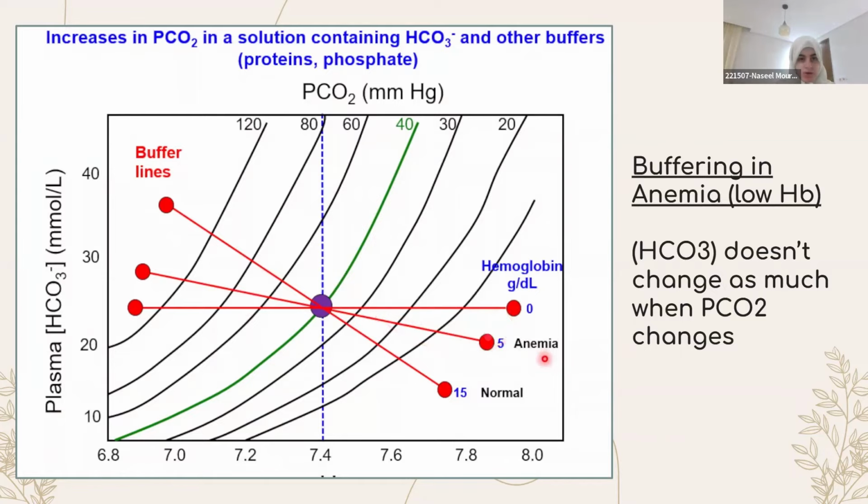Remember, we said hemoglobin is a protein that you find in red blood cells. Red blood cells are basically like a bag of hemoglobin, all right? And this hemoglobin, being a protein, acts as a really good buffer. So if someone has anemia, this means that they have low hemoglobin, so they have low levels of this protein buffer. And so that's why your bicarbonate would not change as much and it would not be able to compensate as much as normal.